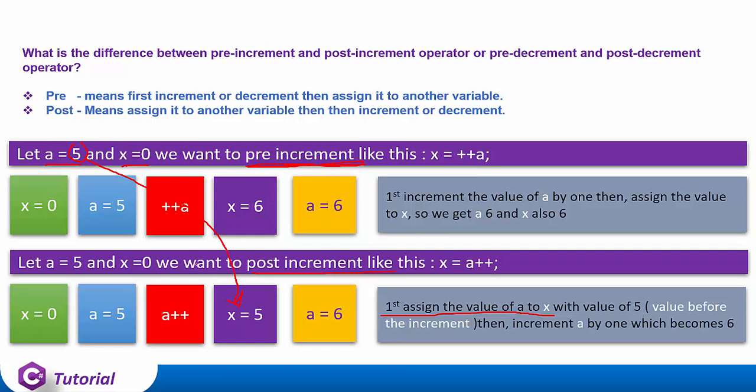Then we will increment a by 1, as we see here. So the result will be 5 for x, and a will be equal to 6.